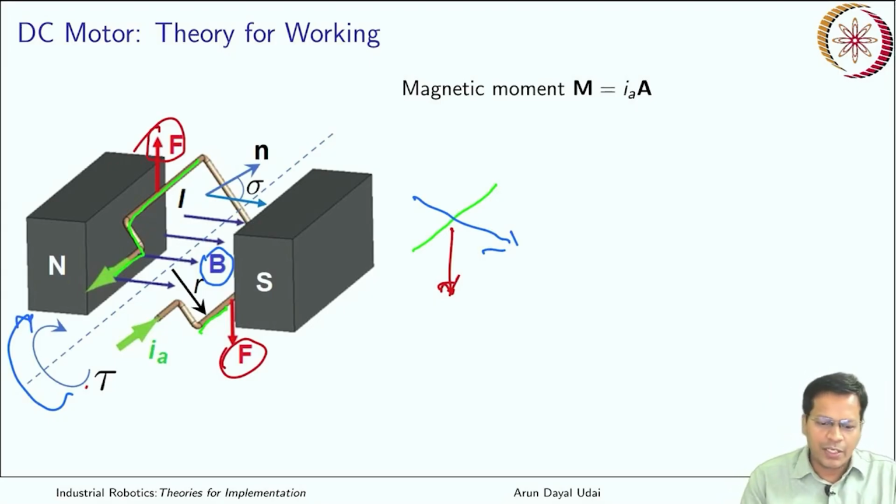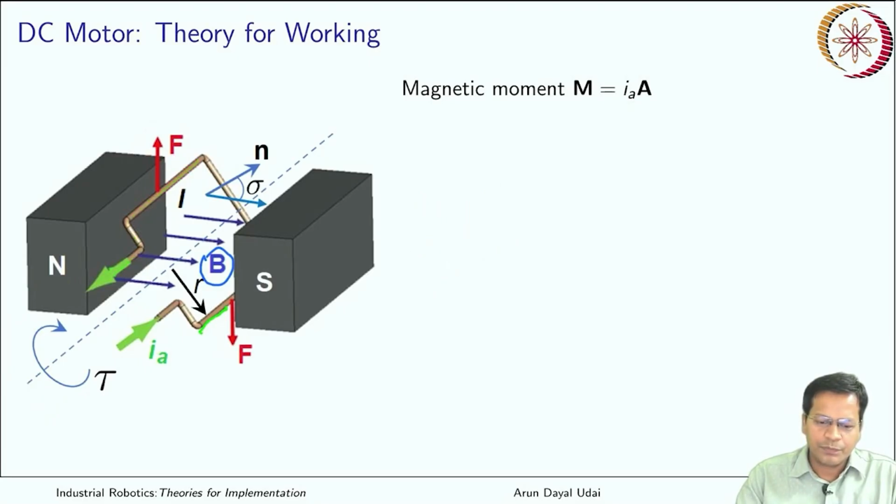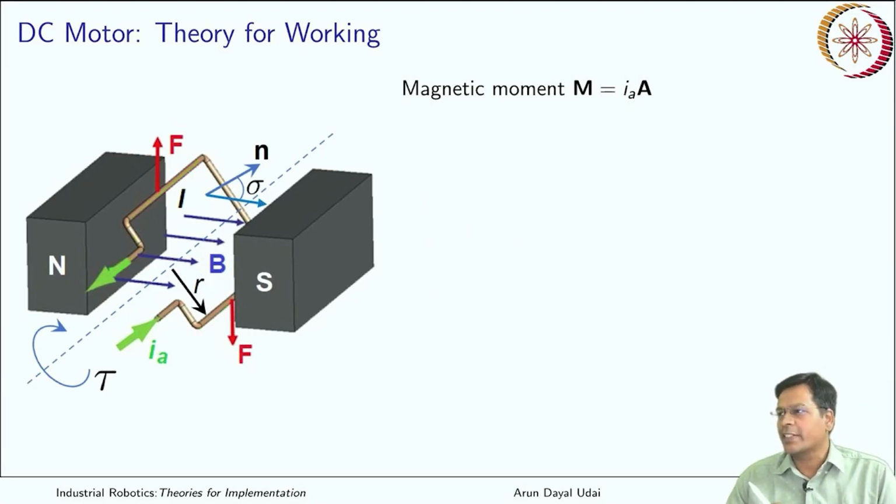Now let us analyze the physics of it more clearly. What is the magnetic moment here? If you remember your high school physics, magnetic moment is nothing but the current into the area vector.